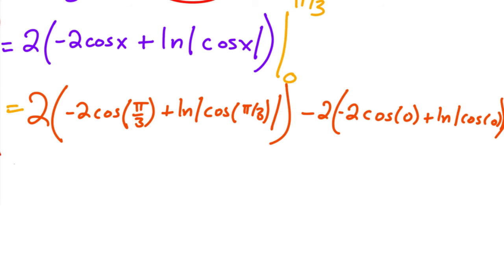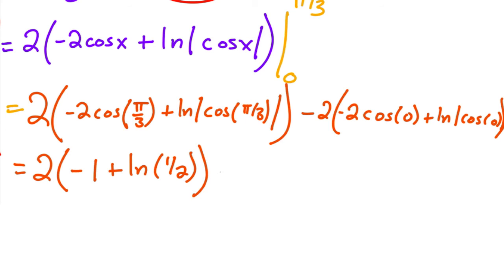Okay, so this is equal to 2 times, cosine of pi over 3 is 1/2, so this is going to be negative 1 plus natural log of 1/2 minus, 2 cosine of 0 is 1, so negative 2 plus cosine of 0 is 1, natural log of 1 is 0, so that's just negative 2.